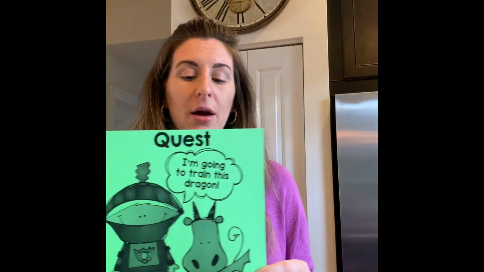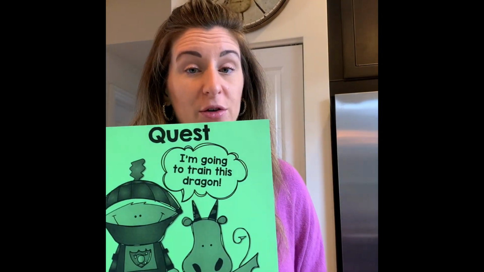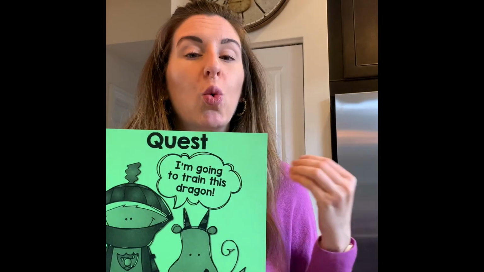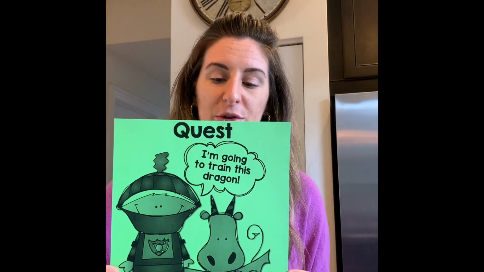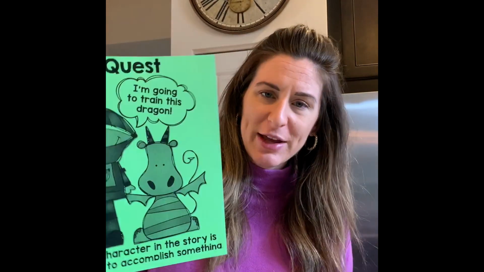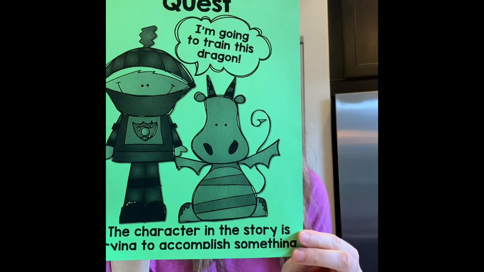Another kind of problem that authors might put in their stories is a quest. So here on this poster, it says, I'm going to train this dragon. And it says the character in the story is trying to accomplish something.